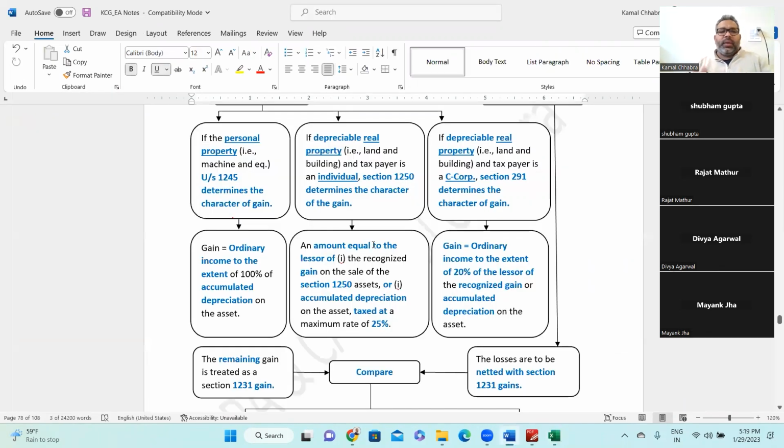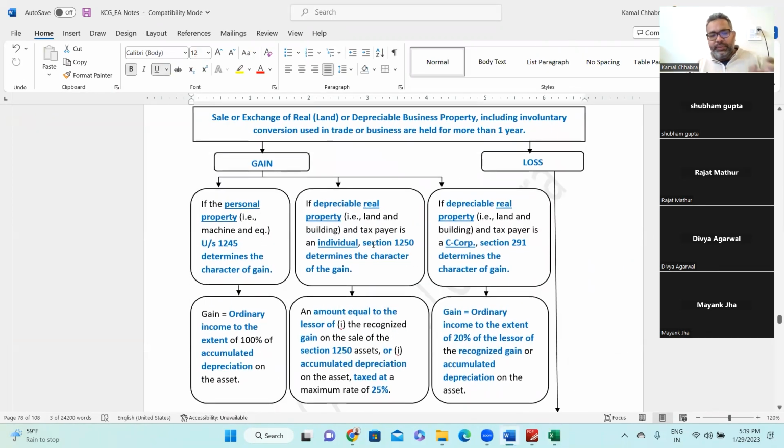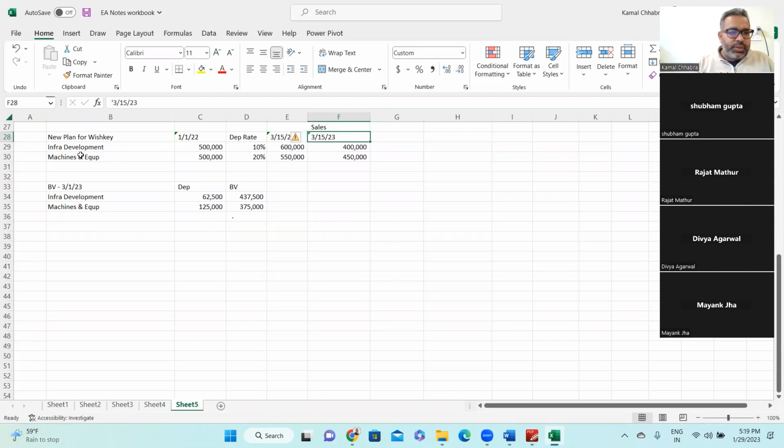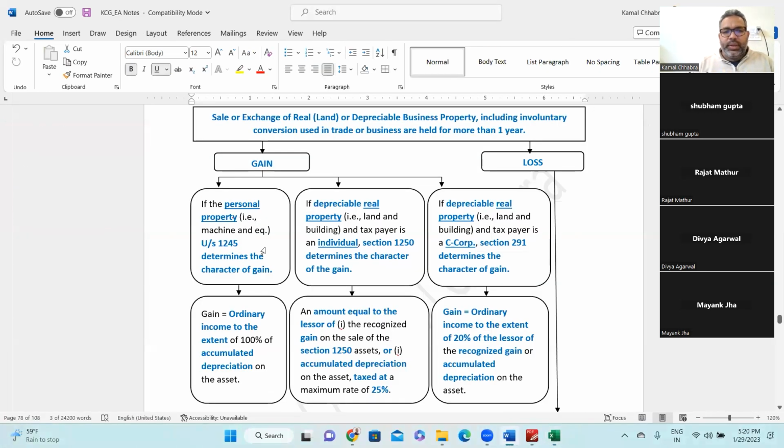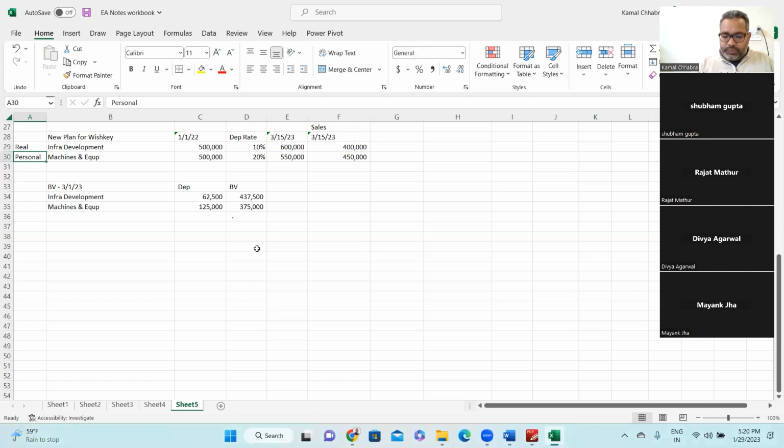Now go back here. First example: the gain on personal property. What is your personal property? This is your personal property, the machine, and this is your real property. So first we are calculating the gain or loss under section 1245, which is applicable for personal property.